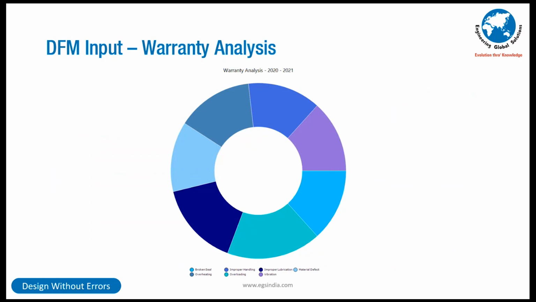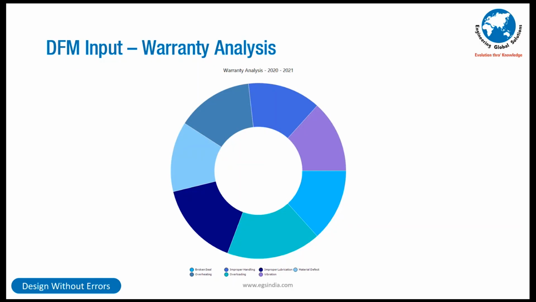Another typical example is the warranty cost that comes as a result of the quality or reliability issues that surface, probably because of manufacturing related issues that could surface as a quality or reliability effect on the product subsequently down the line.